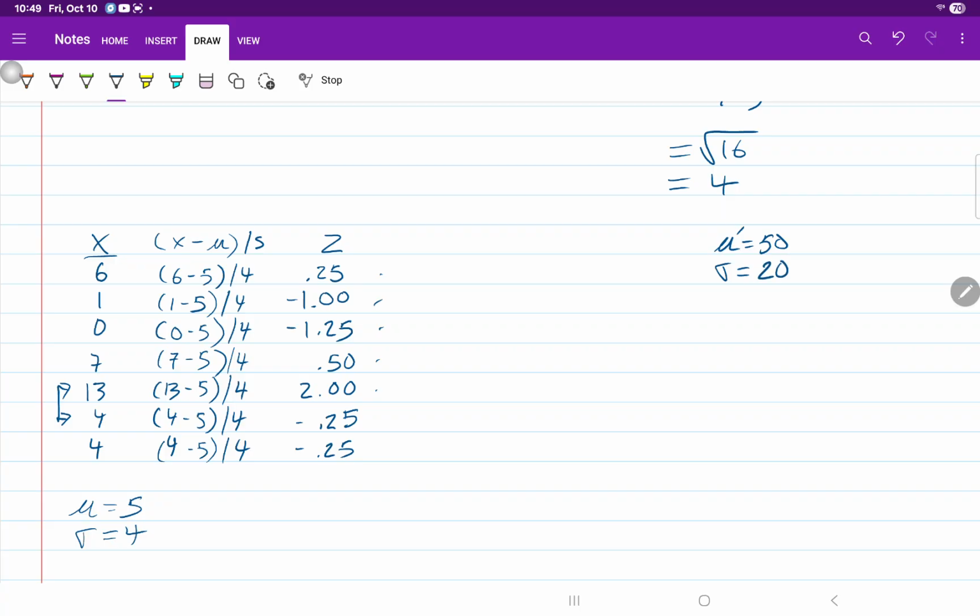So let's plug that in. X prime equals our new standard deviation, sigma prime times z plus mu prime. Okay, so let's work that one out.